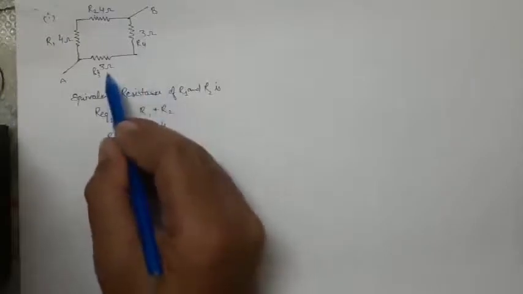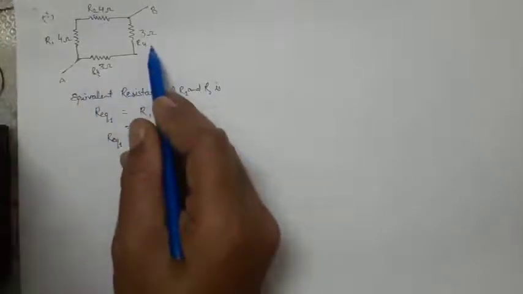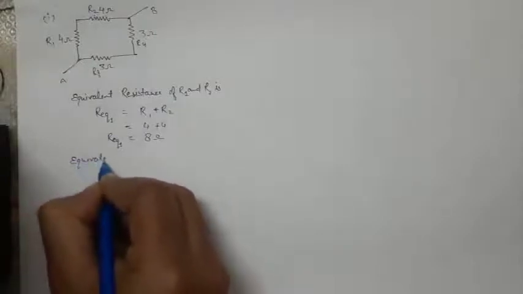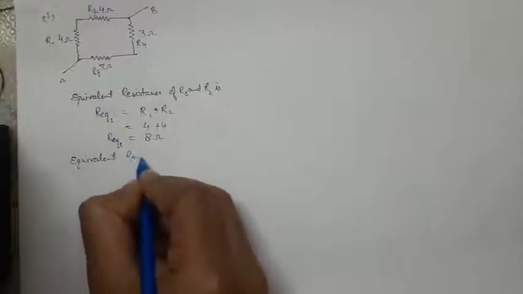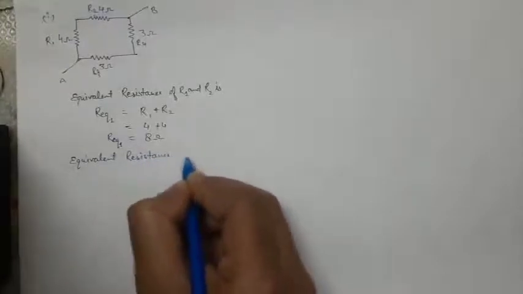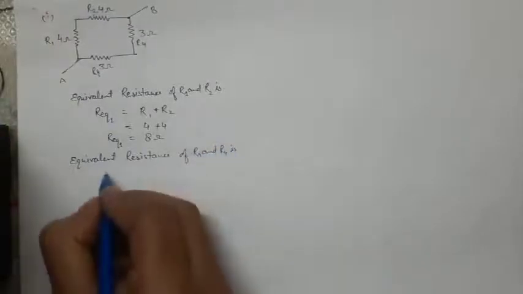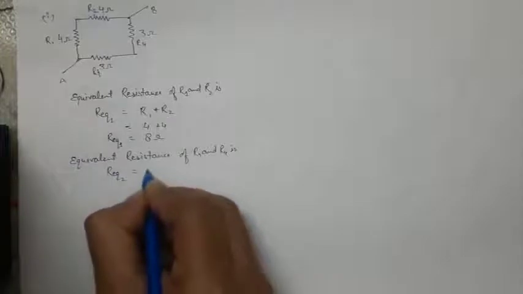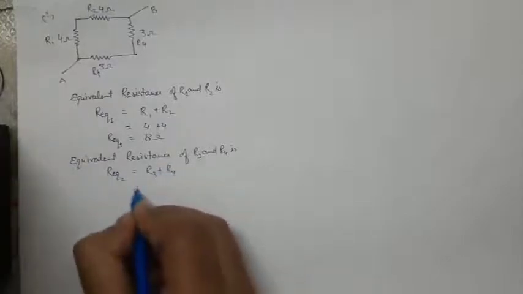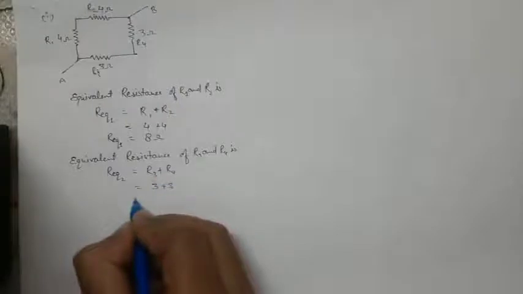In the same manner, for the 3 ohm and 3 ohm resistances R3 and R4, they are in the same path, so this is a series combination. The equivalent resistance of R3 and R4, R equivalent 2, is R3 plus R4, that is 3 plus 3, that is 6 ohm.